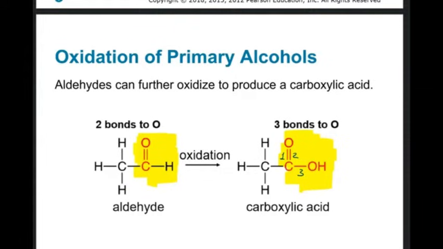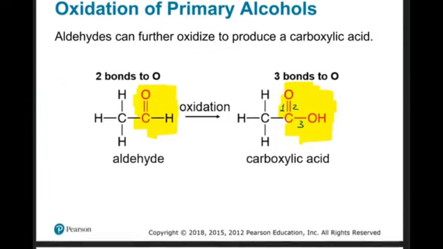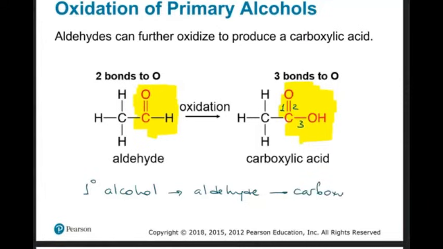So we have more carbon-oxygen bonds, which means it's oxidized. So, in a nutshell, a primary alcohol is oxidized to an aldehyde, and an aldehyde is oxidized to a carboxylic acid.